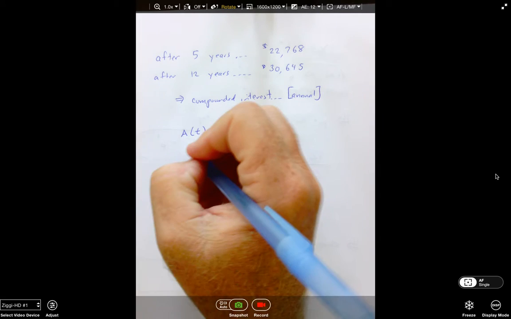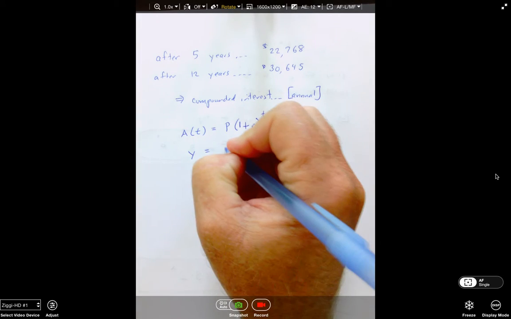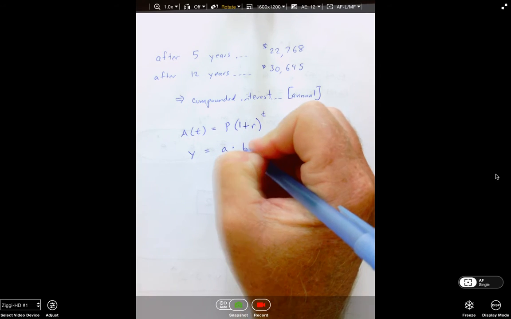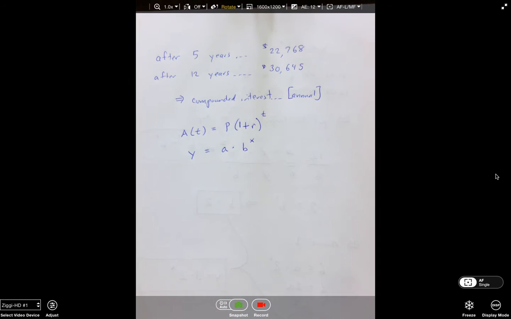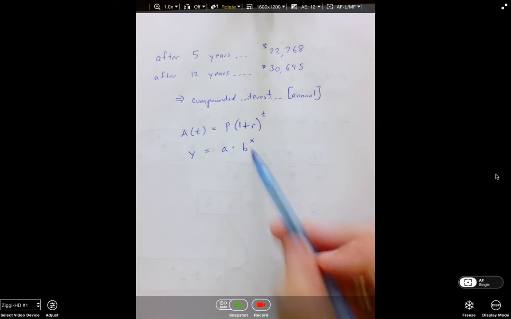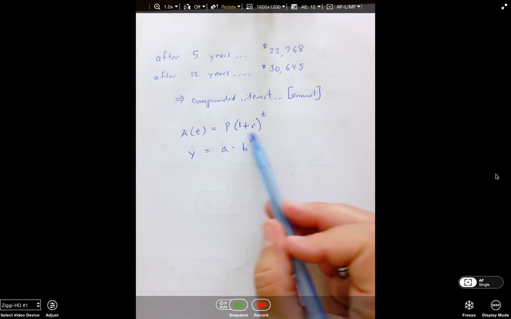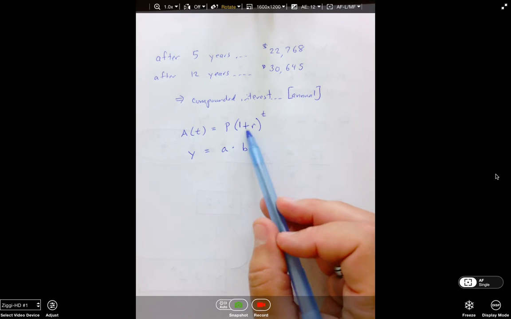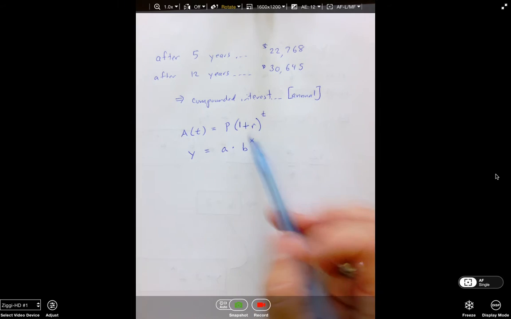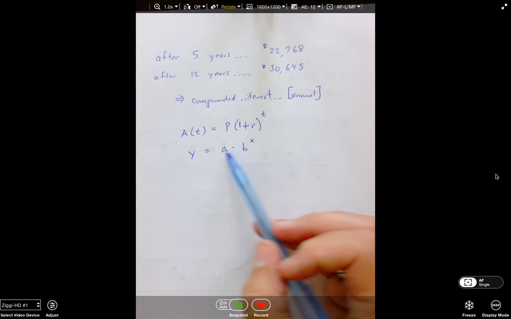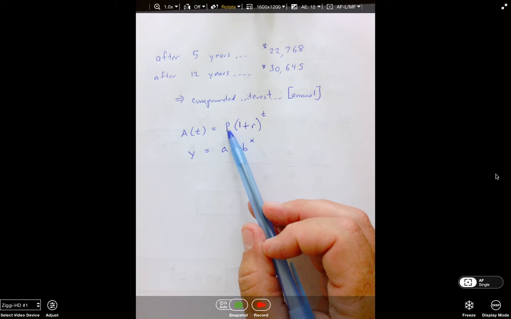We can think of this as y equals a times b raised to the x. So this b is going to be found, it's going to be 1 point something, and that will be our rate, whatever, and that'll develop here in just a second. A will be the initial balance.